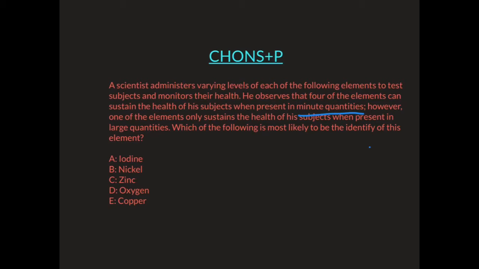So again we have to break down the information in the easiest way to know what we actually need. We know this statement is probably important. He observes that 4 of the elements can sustain the health of his subjects when present in minute quantities. So this is likely referring to trace elements.